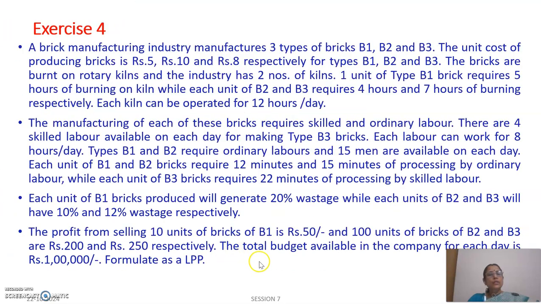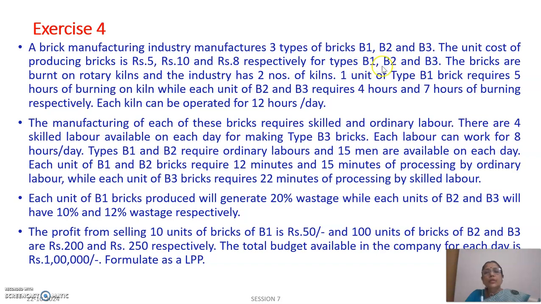So last session we had just introduced this particular problem to you, which is a brick manufacturing industry problem, which manufactures three types of bricks, B1, B2, B3, and the unit costs of producing each of the bricks are given as rupees 5, rupees 10 and rupees 8 respectively.